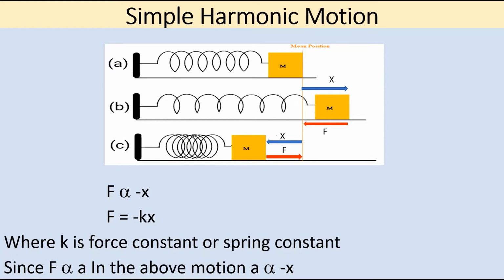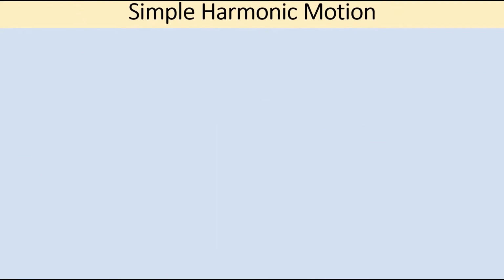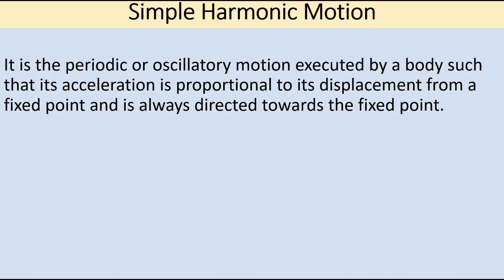Therefore, we can define simple harmonic motion as the periodic or oscillatory motion executed by a body such that its acceleration is proportional to its displacement from a fixed point, and is always directed towards the fixed point.